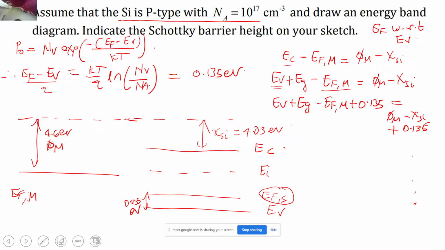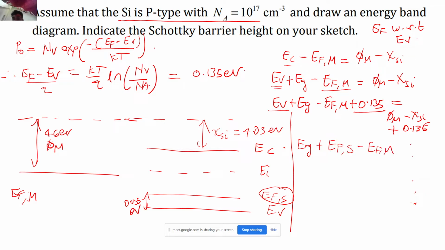Now this will become EG plus EV and 0.135, which I am writing together, so this will become EF of S minus EF of M, and this will be equal to phi m minus chi Si plus 0.135, correct?